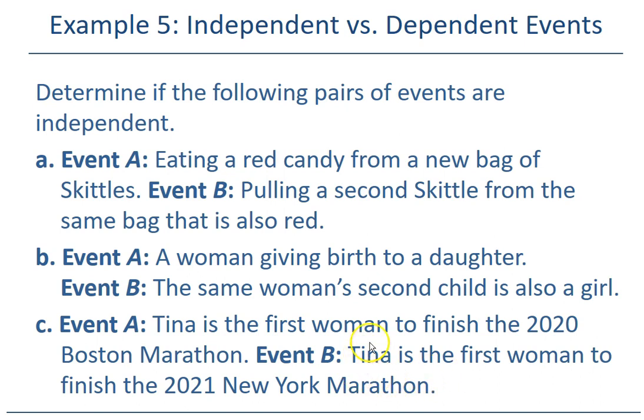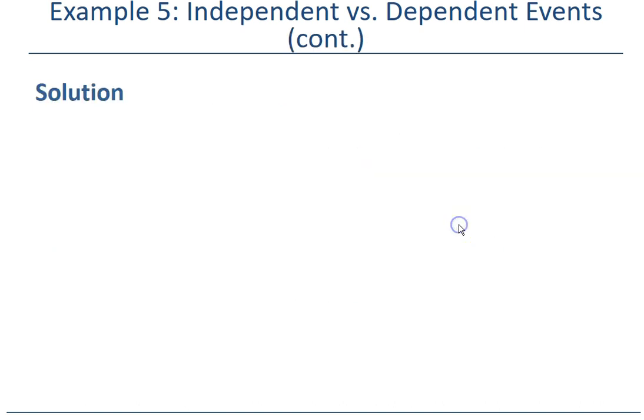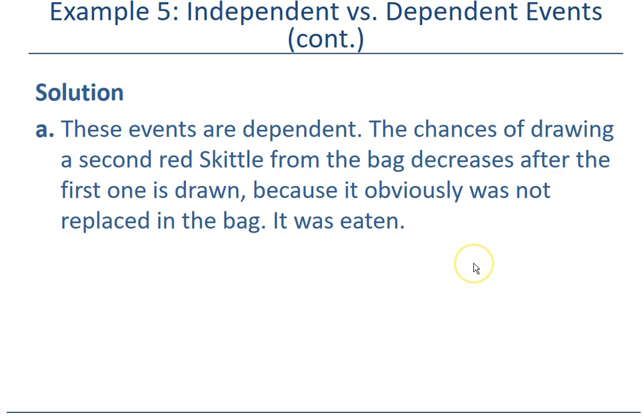Okay, let's check them out. I already looked ahead, so I know the answers. So the Skittles, even though you're drawing them one and then you're drawing another, are dependent because when you took a red one out of the bag, there are fewer red ones in there.